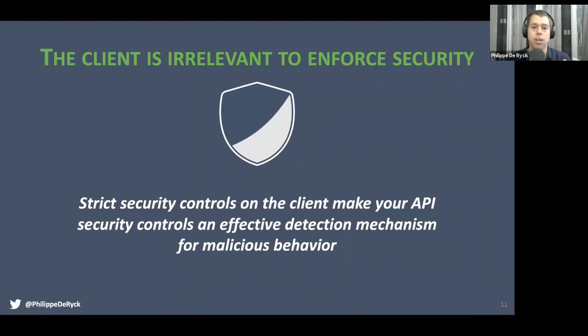And it makes your detection mechanisms on the API side much more effective to find out when a user is behaving in a malicious way. All right. That's a first really important takeaway. Forget about the client. Well, make sure the client does things correctly, but forget about the client when you're analyzing the attack surface of your API, essentially.